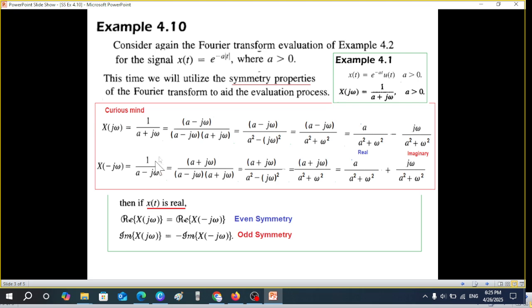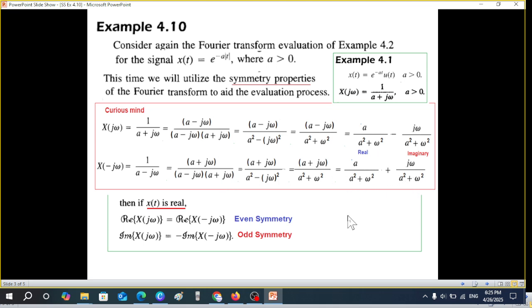So just to have an idea, if this is the signal, then its value can be written in this form. And to simplify, we're trying to eliminate the imaginary part from the bottom. So we multiply and divide by a minus j omega here, and in this case we multiply by a plus j omega, and simplifying we get these two terms.